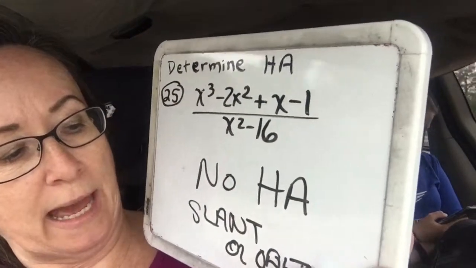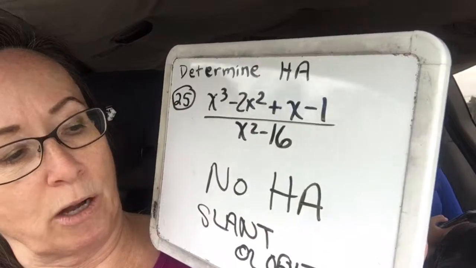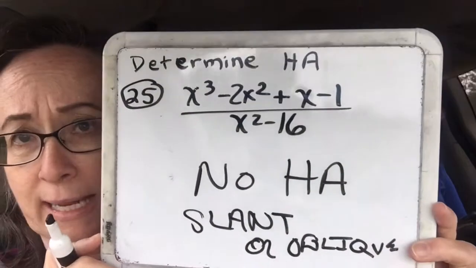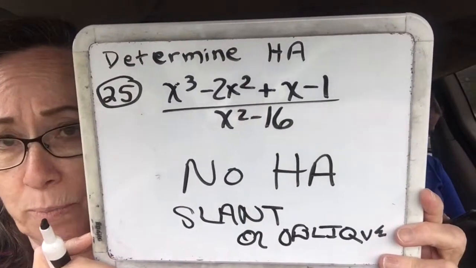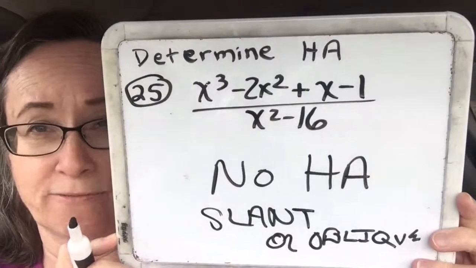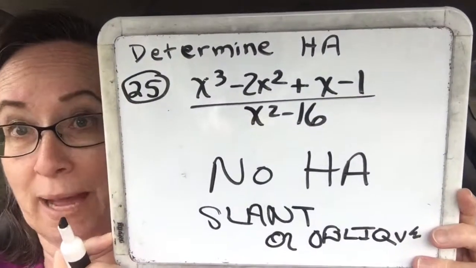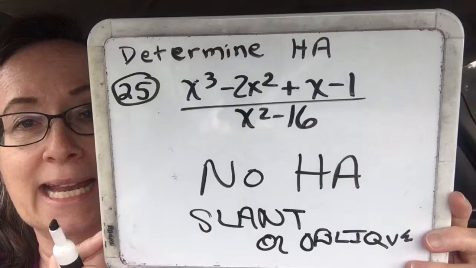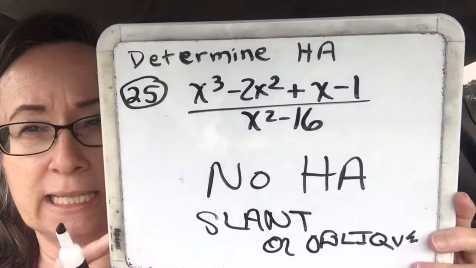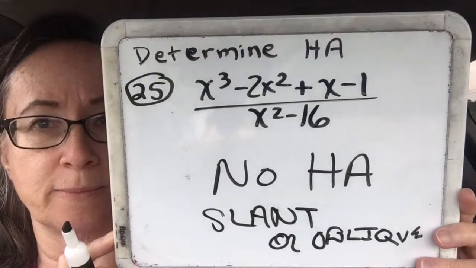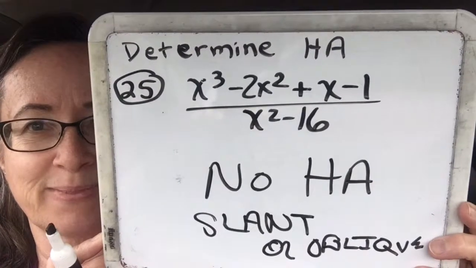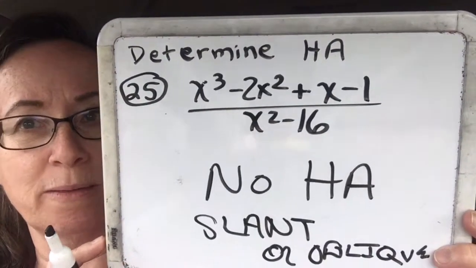To find that slant or oblique asymptote, we're going to divide the numerator by the denominator and only be concerned with the linear portion of that division.